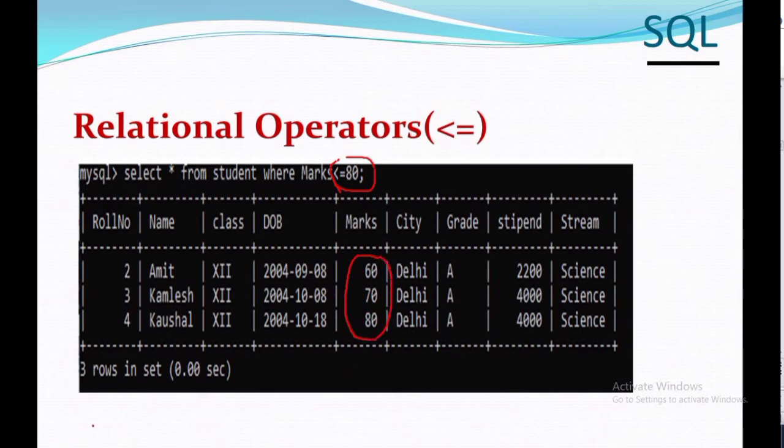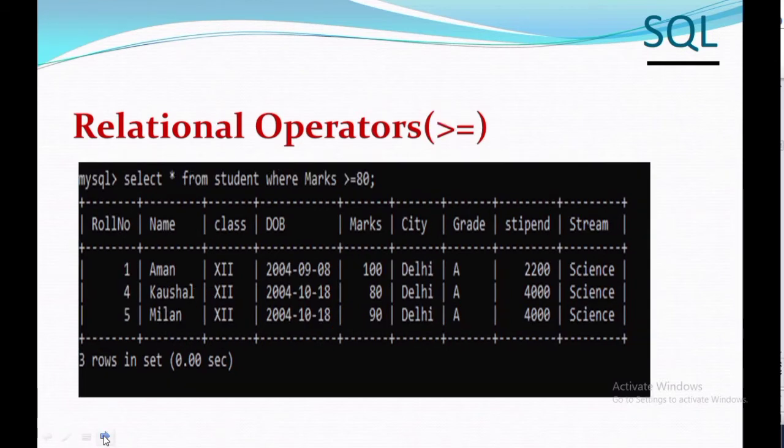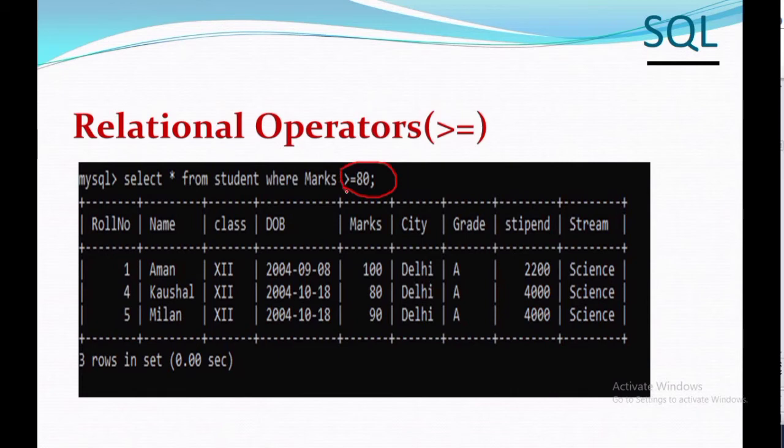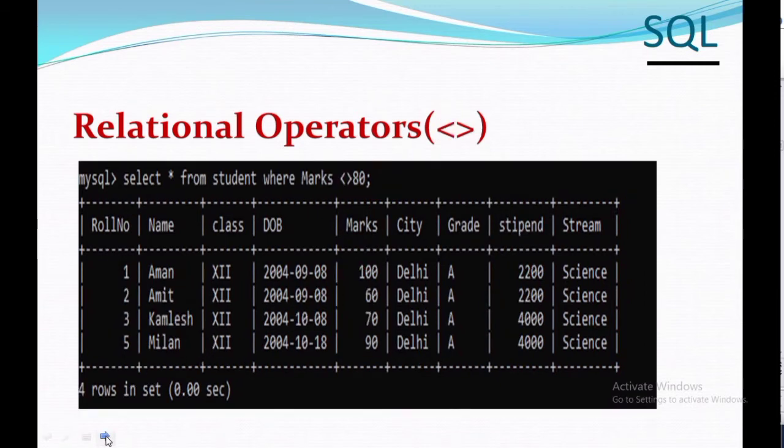As you can see, in case of greater than or equal to 80, the students whose marks are 80 and above will be selected. Select star from student where marks greater than or equal to 80 will select the names of those students whose marks are 80 and above 80.